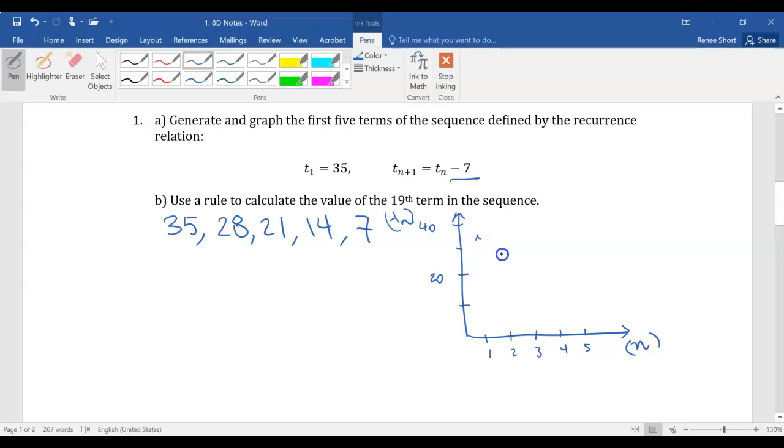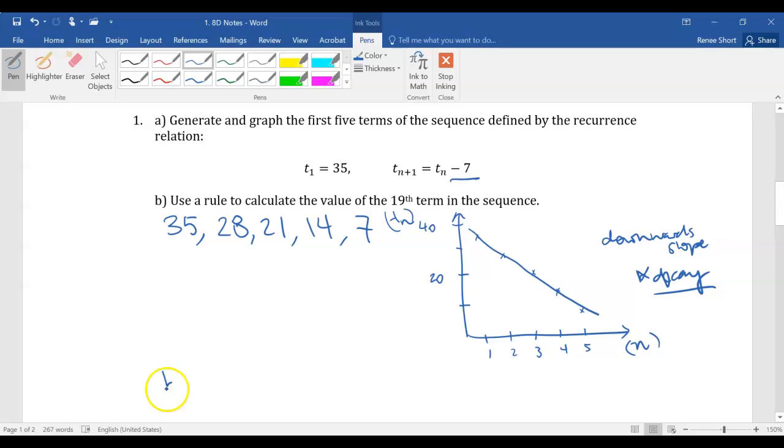Our second term is 28, so in here, 21, 14, and finally 7. We can see again that we get a straight line forming here, and if we were to talk about this, we could say that we've got a downward slope, and hopefully we remember our word that we use here is decay, because our numbers are decreasing over time.